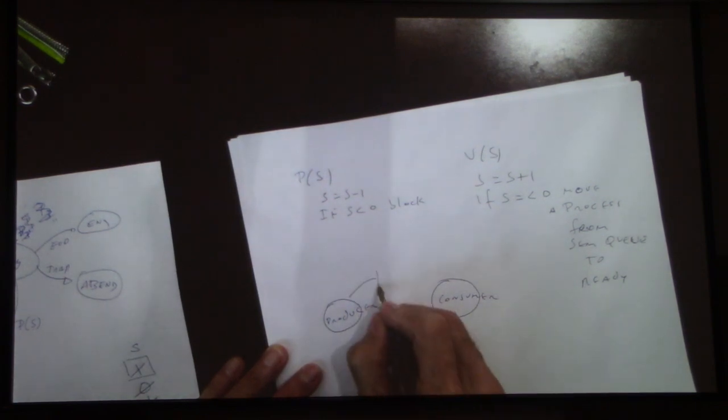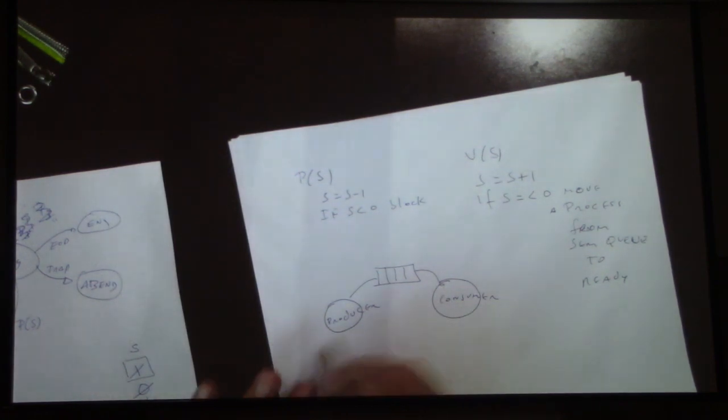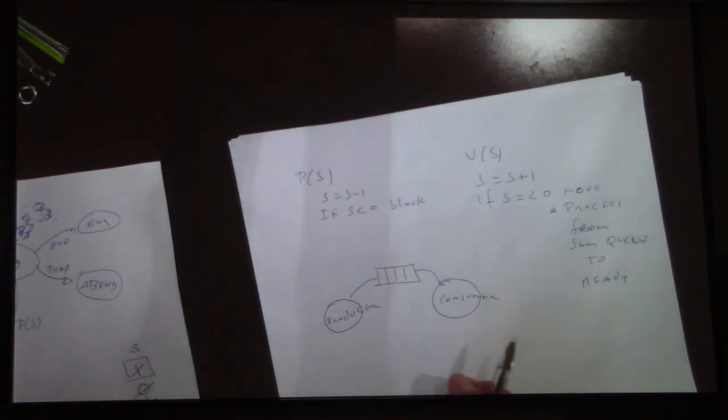And there is a buffer of a certain size, and the producer is going to produce items and insert them into the buffer, and the consumer is going to get items from the buffer and consume them.